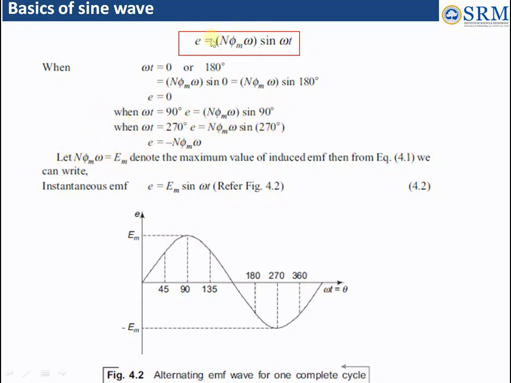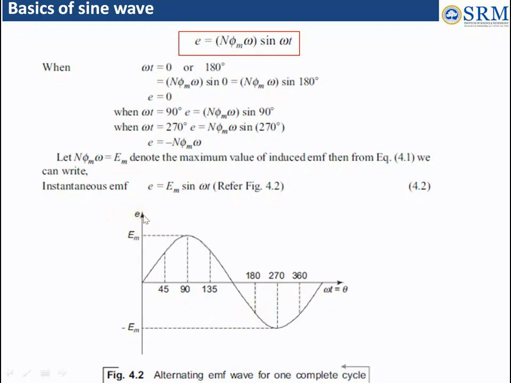We take the term n phi m omega as EM, the maximum value of induced EMF. The instantaneous EMF is going to be EM sine omega t, and it is plotted as shown here.